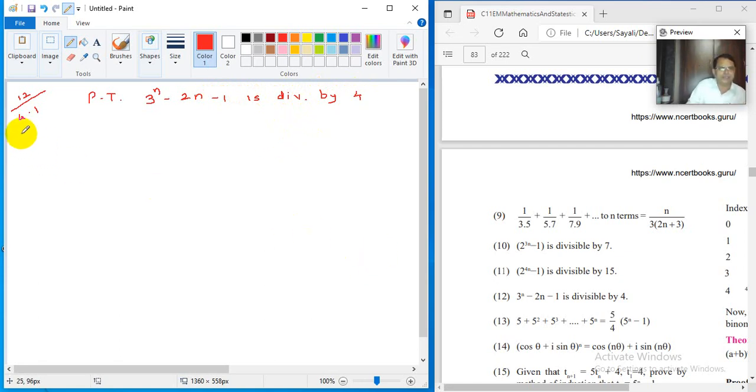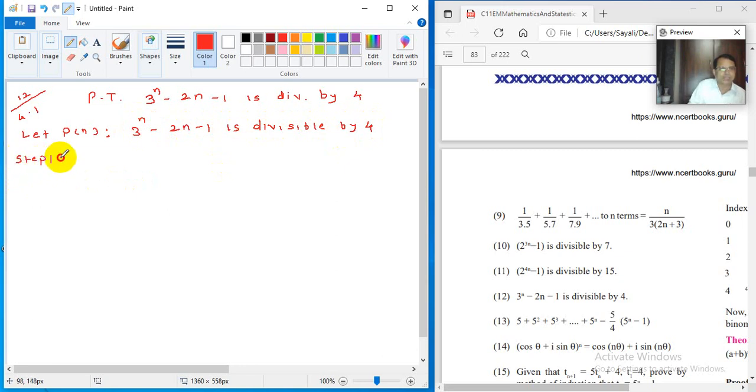So what can be the statement? Let Pn correspond to 3 raised to n minus 2n minus 1 is divisible by 4. Okay. Now step 1.